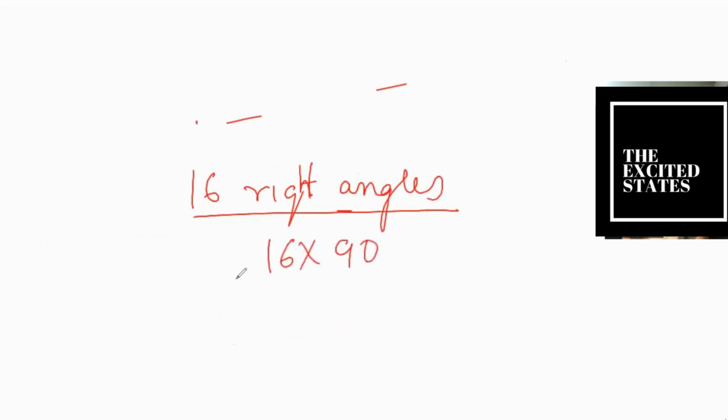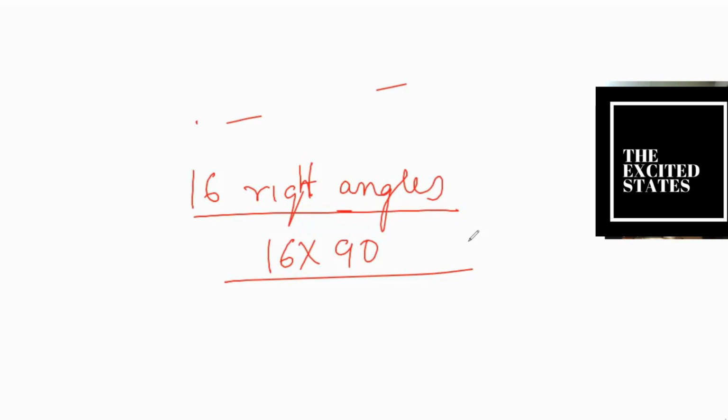It is the other way of saying it: if I say 16 right angles, that means 16 into 90. If I say 2 right angles, that means 180 degrees. Instead of saying 180 degrees, I am saying 2 right angles.